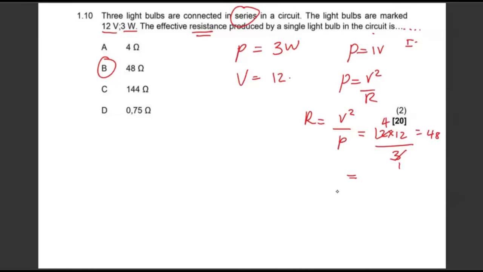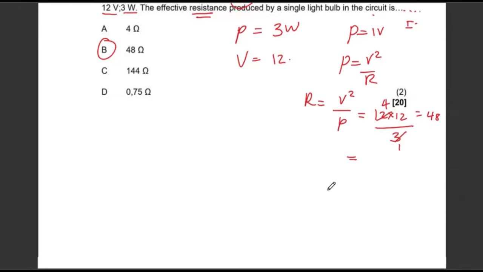So 48 ohms will be the best answer then.